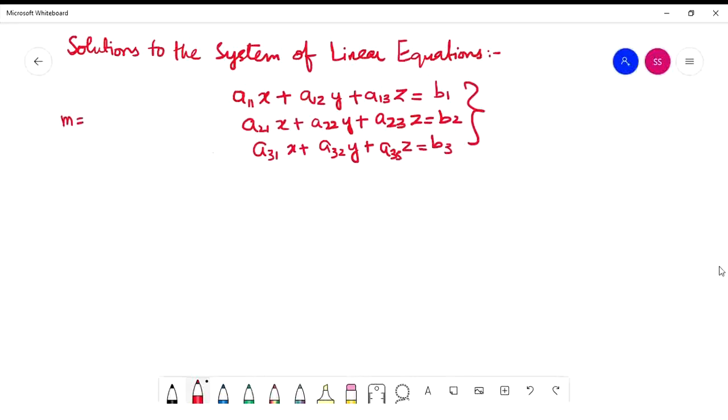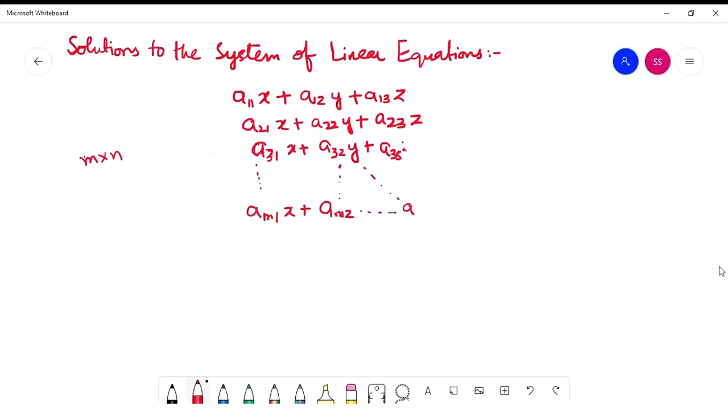If we generalize this system, if we have an m cross n order, then a m1 x1, a m2 x2, and so on.